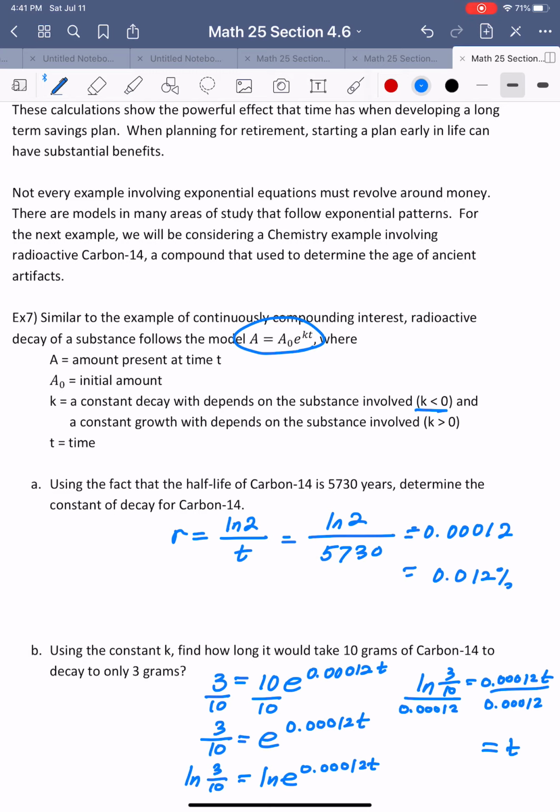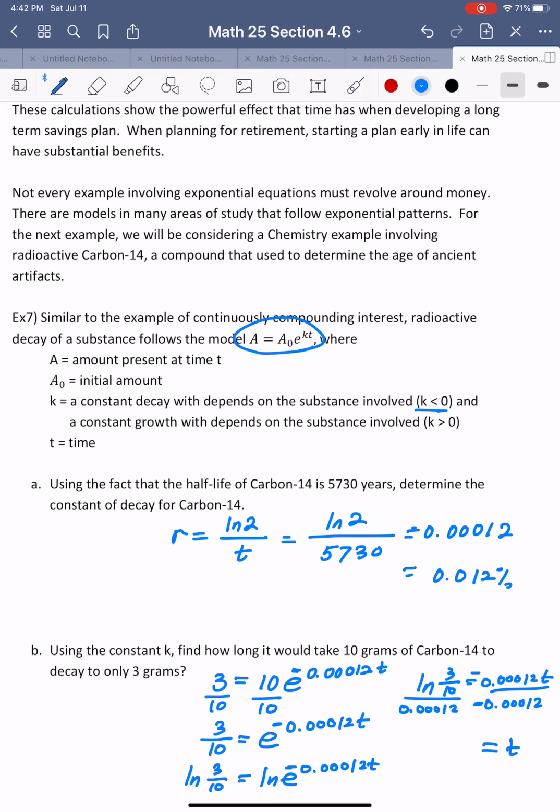That's kind of a weird thing too. Did I mess up something? Oh yeah, k must be negative. What am I saying? K is negative. Sorry about that. K is negative because it's decay.